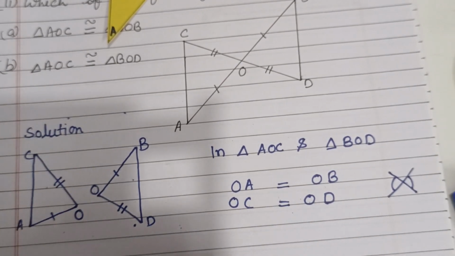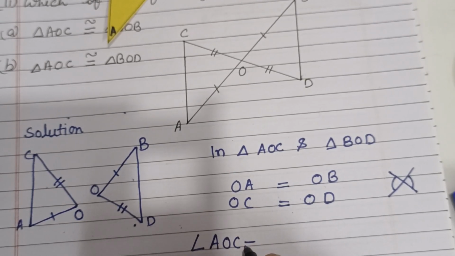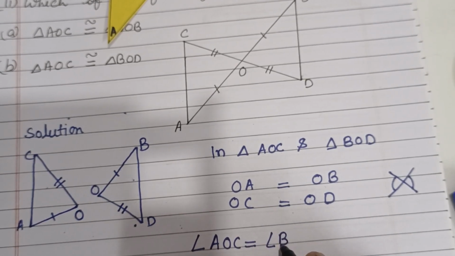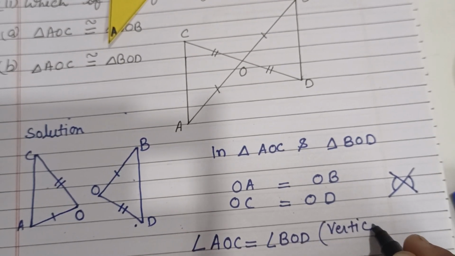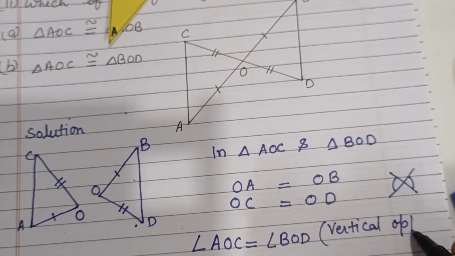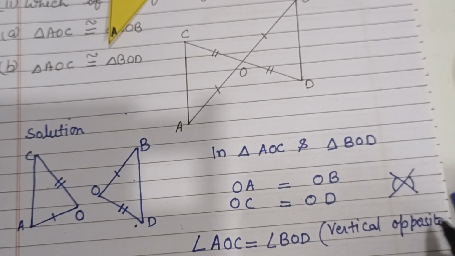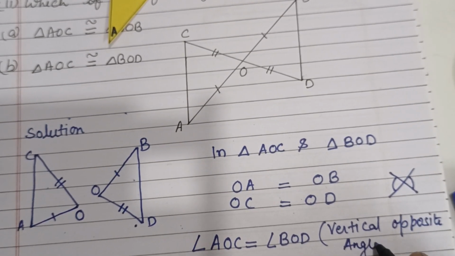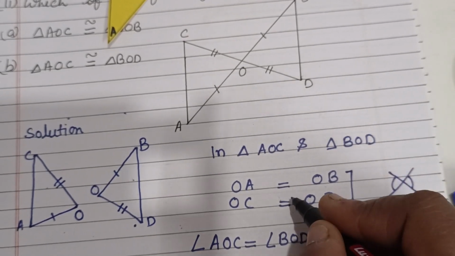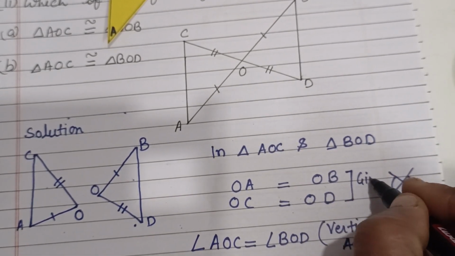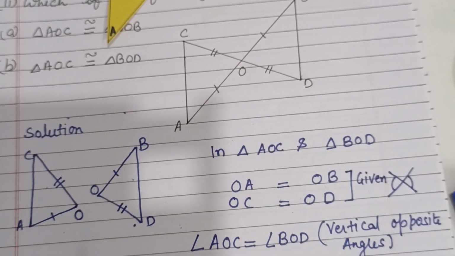So by recalling the property of vertically opposite angles, we can say that angle AOC equals angle BOD. Why? Because these are vertically opposite angles, and the other two pairs are given. So do mention the reason.